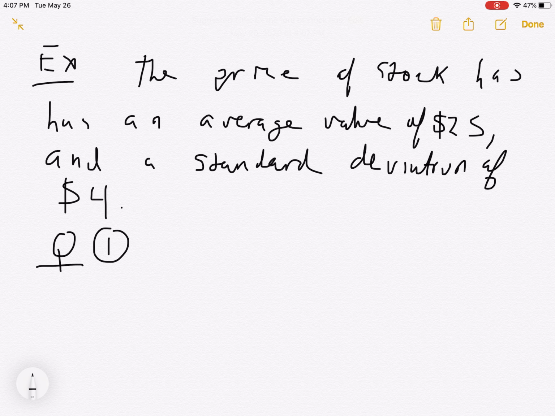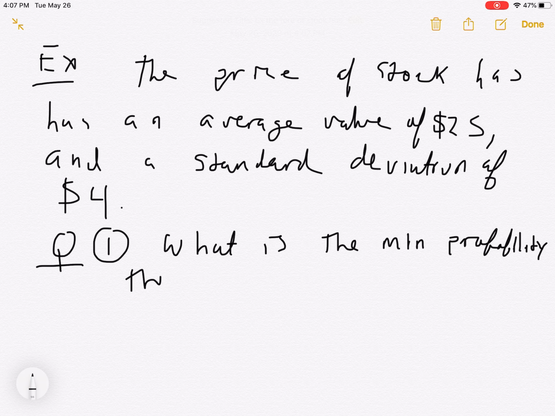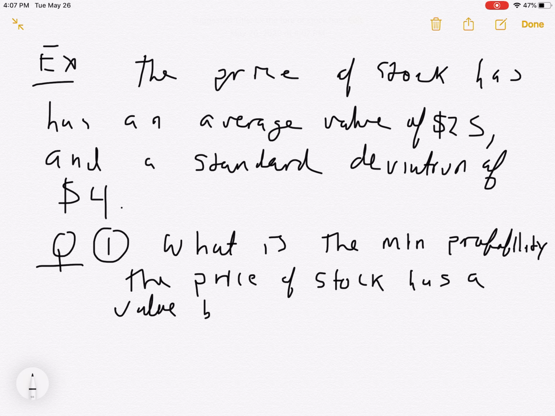Question 1 asks this: what is the minimum probability the price of the stock has a value between $17 and $33?